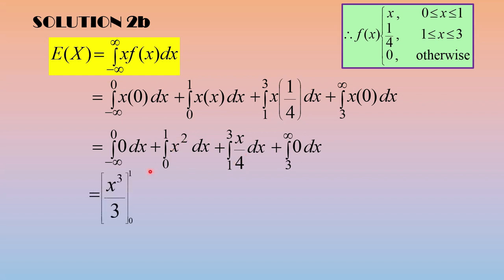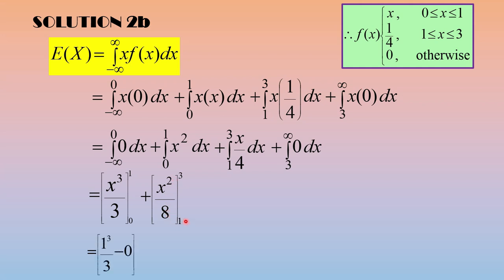Integrate x squared, we will have x cubed over 3 from 0 to 1, plus integrate x over 4, we have x squared over 8 from 1 to 3.